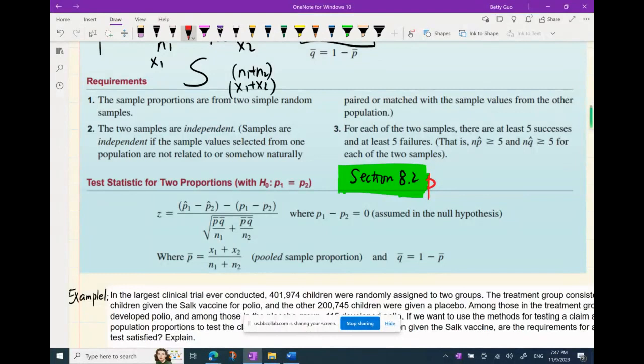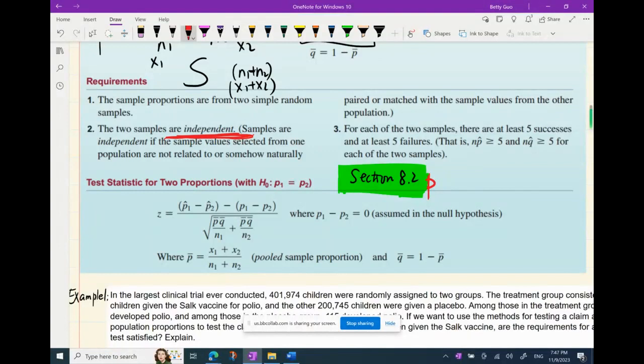First requirement, both samples are simple random. Second requirement, the only new thing is independence. We require the two samples to be independent. You might remember earlier I mentioned I always assume the two populations are independent. If the two populations are independent, of course, the two samples, one from the first population, one from the other population, are independent as well.